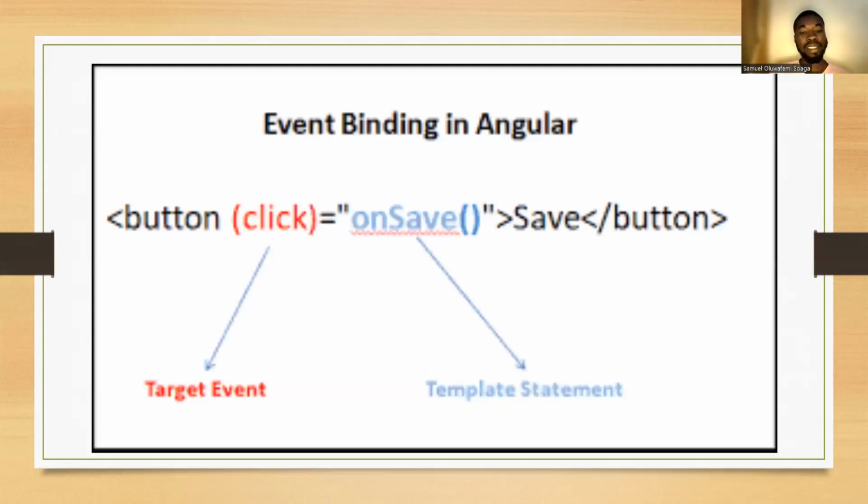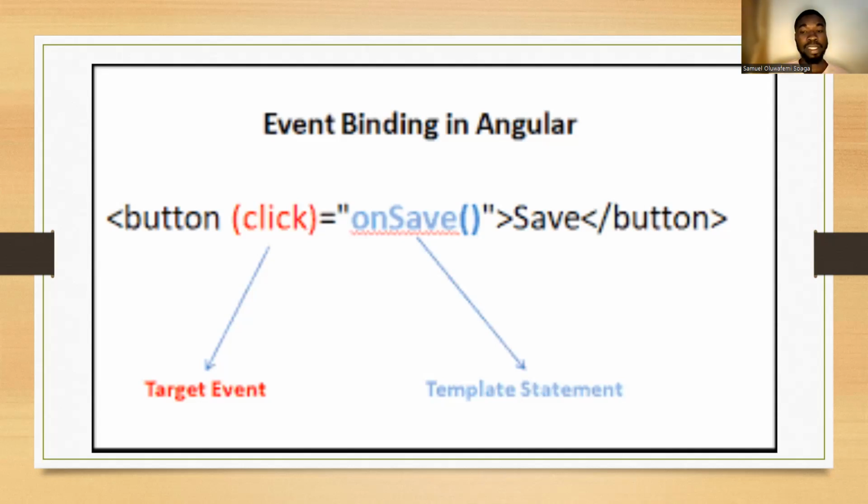Event binding in Angular, this is how it is written. The event you want to bind is put in curved brackets, and you define the event that you want to bind. It could be a click, it could be a mouse change or mouse over, whatever event you want to happen.